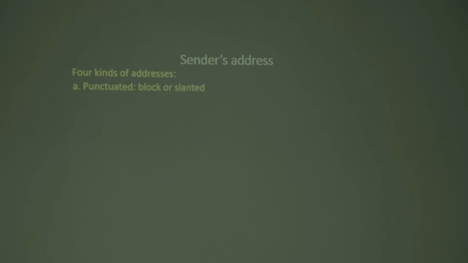We say that the first one, your letter could be punctuated, and when it is punctuated, it could be block or what? Slanted. It could be block or slanted. Now we shall look at it. So we are looking at punctuated now, and when we finish, I'll tell you whether it is block or slanted.